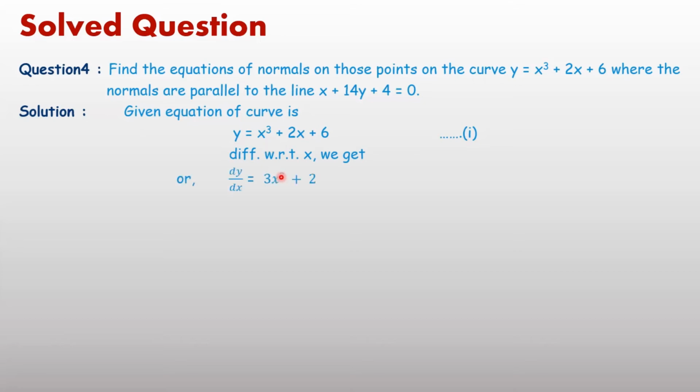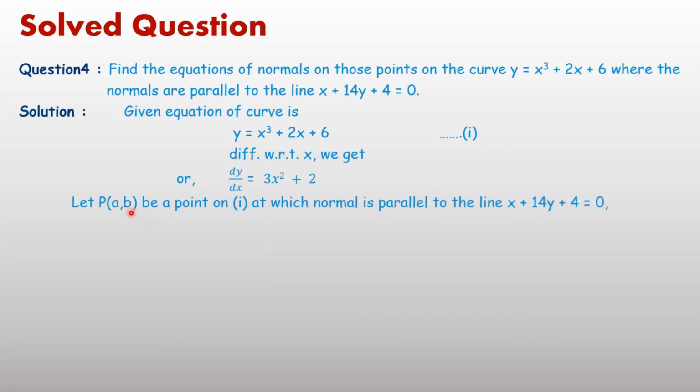Differentiate with respect to x, you will get dy by dx equal to differentiation of x³ is 3x², plus differentiation of 2x is 2, and plus differentiation of 6 is 0. Since point is not given, let point on the curve be (a, b), at which normal is parallel to given line.